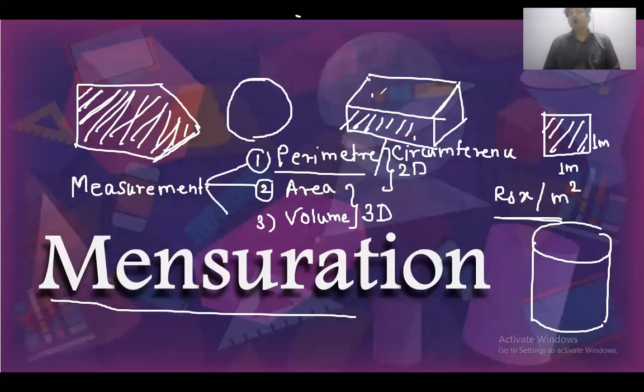So we will be calling this the total surface area, all 6 faces. And in the case of a cylinder, we have 2 circles, one at the bottom, one at the top, and the remaining area is the curved surface. So here also we will call it the surface area. I hope you have got the idea what we are going to study in this chapter. So let's continue now.